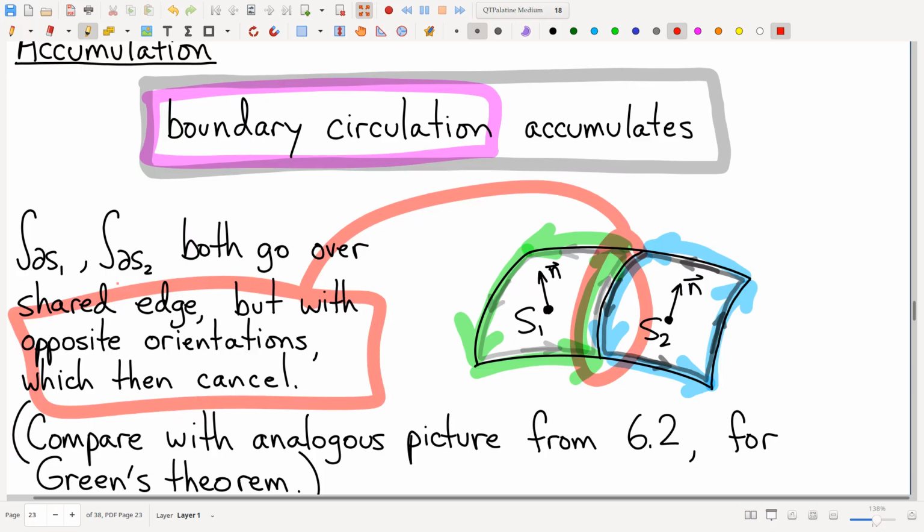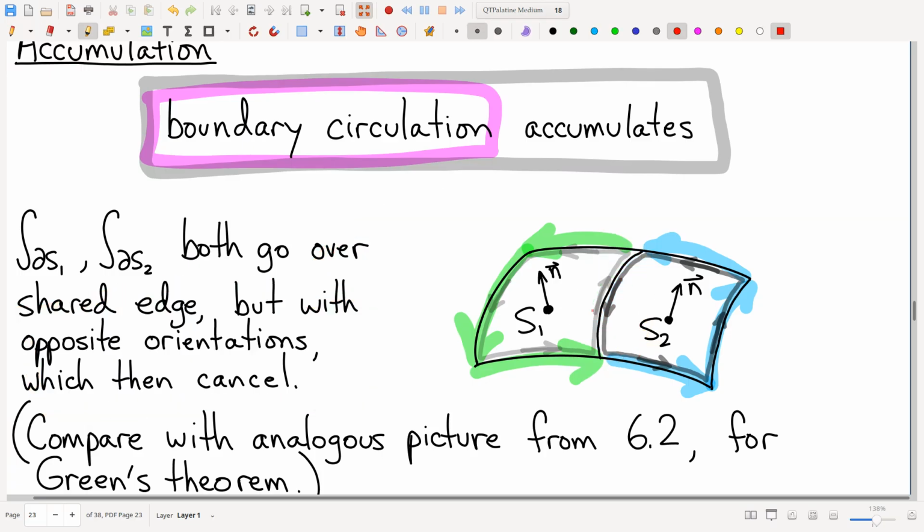These interior pieces have the same edge, opposite orientations, so they cancel, and as a result, we get the boundary circulation of the whole. So boundary circulation is an accumulating quantity.